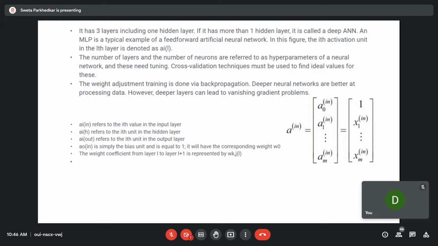That is the zeroth unit and it is equal to 1. तो हम लोग हमेशा क्या करते हैं, bias को equal to 1. Ideally it should be 1. So it will have the corresponding weight W0, and the weight coefficient from layer l to layer l plus 1 is represented as W_kj^(l).